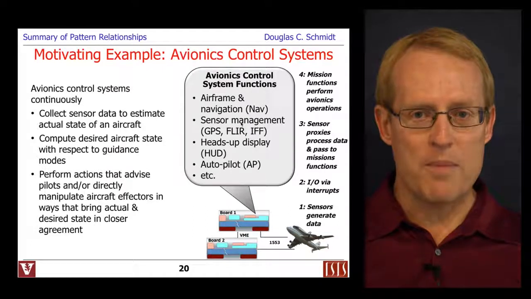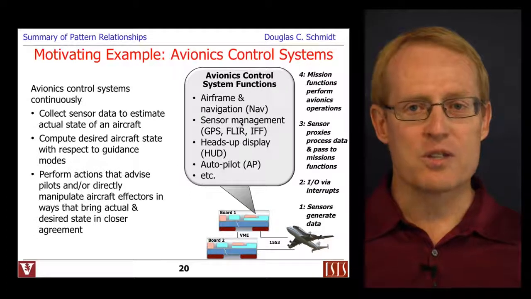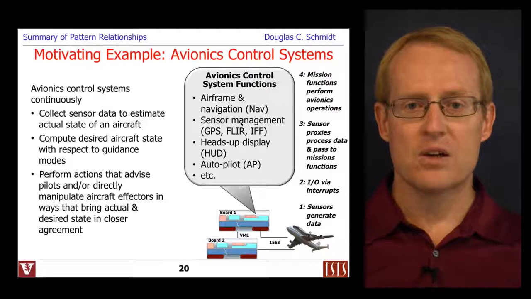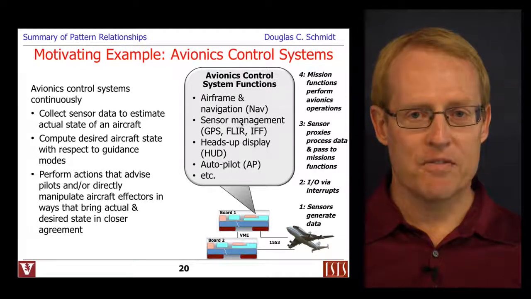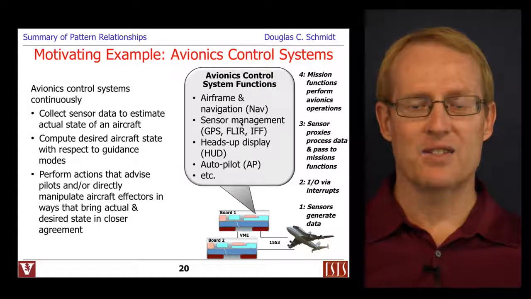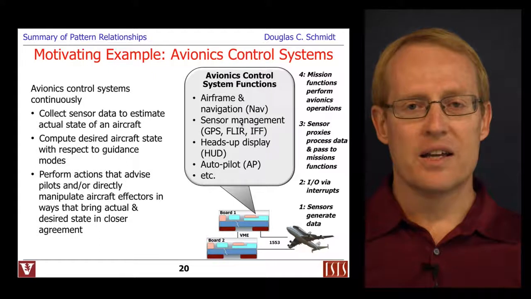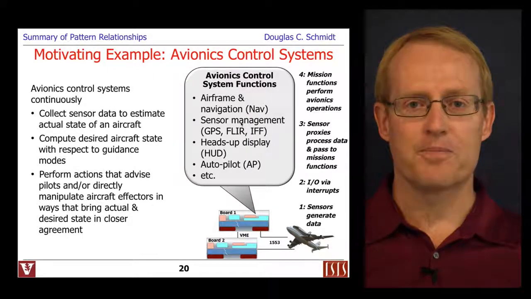Is it in waypoint navigation mode, etc.? And then the control system performs various actions to advise the pilot or pilots or to directly manipulate the aircraft effectors, the ailerons, the control surfaces, and so on, the wings and the tail, in ways that bring the actual and desired states closer together.